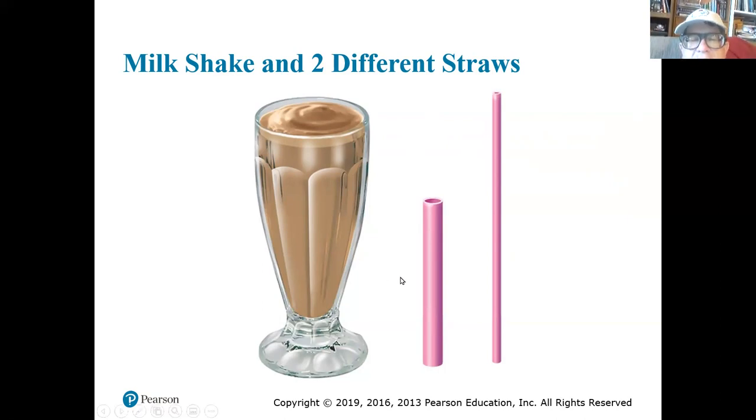And here we have the large diameter, easy to suck your milkshake through, low resistance. The large diameter gives you the low resistance. And it's inverse power of fourth, and so on. What that means is if this is twice the diameter of that, it is 1/16 the resistance.